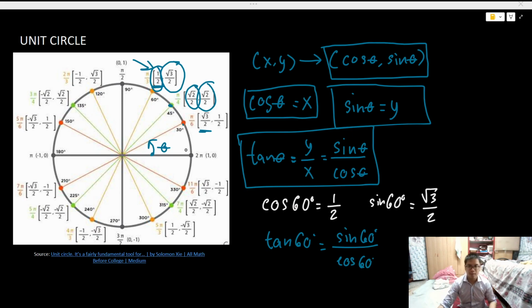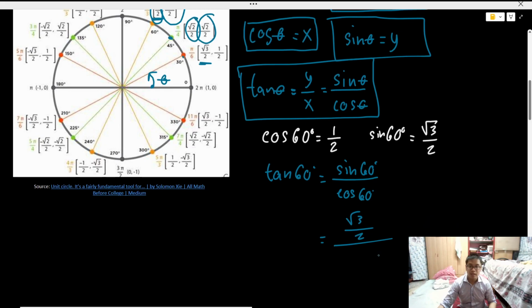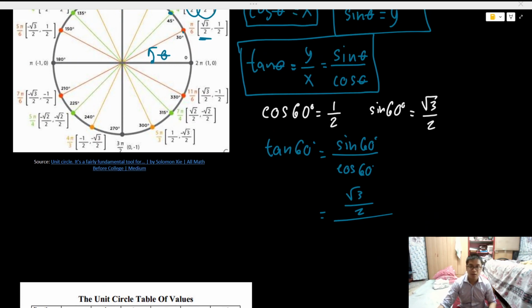Is the writing visible? Okay. Here, sine 60 degrees is square root of 3 all over 2, and cosine 60 degrees is 1/2. So to simplify this, you will have square root of 3 all over 1, which is, your answer is square root of 3.